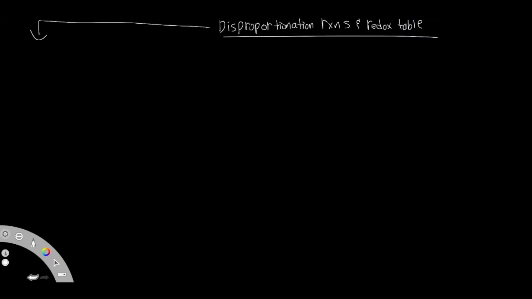First up, a disproportionation reaction is when atoms of an element undergo oxidation. And you should be comfortable with oxidation, right? The loss of electrons.